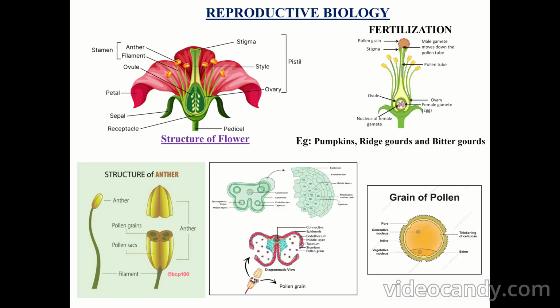You should know the function of the vegetative nucleus. So this generative nucleus only produces male gametes, which take part in the reproduction process.